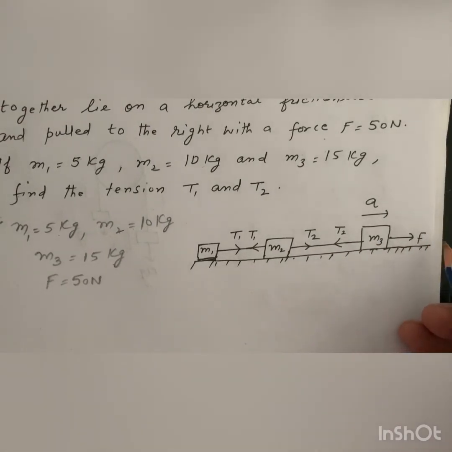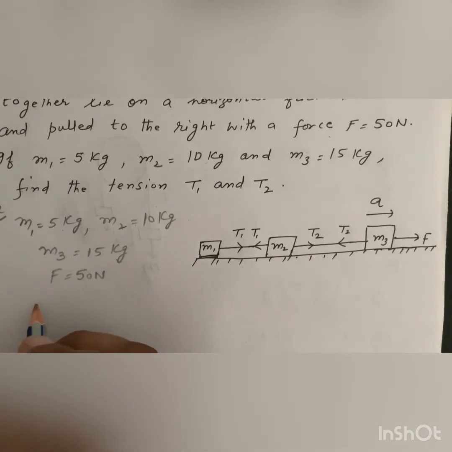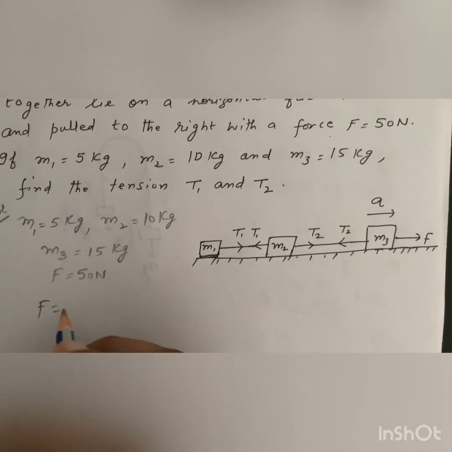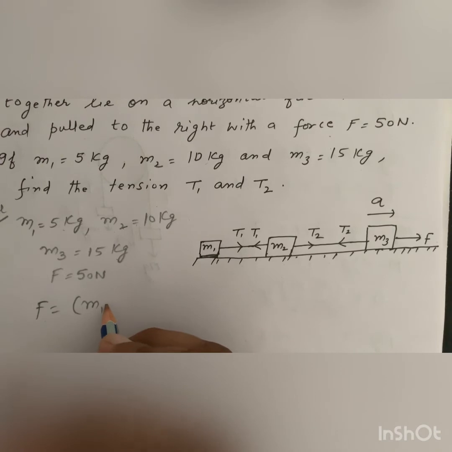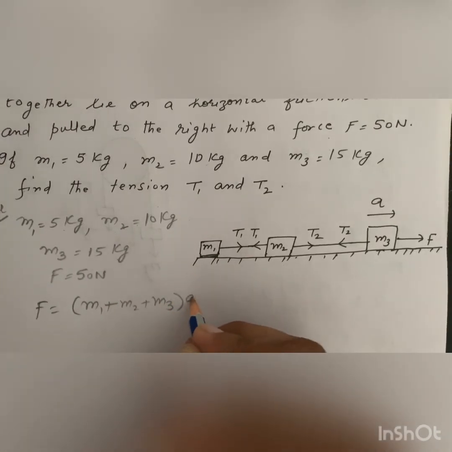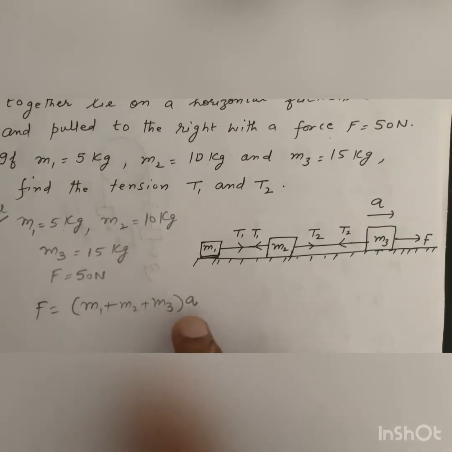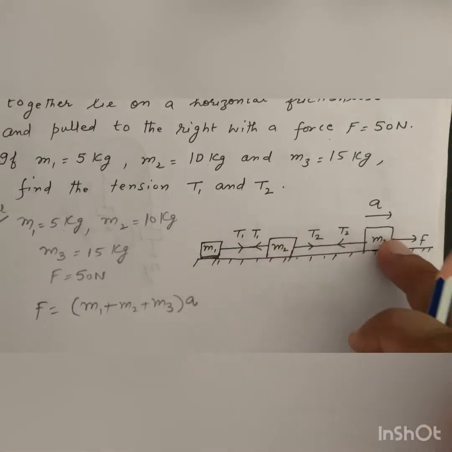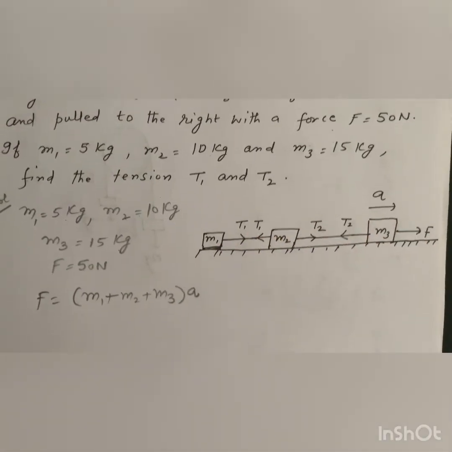Here we see these masses are connected to each other, and the force is acting in this direction, so force equals mass M1 plus M2 plus M3 times acceleration. Force is equal to mass into acceleration, as these masses are connected to each other.